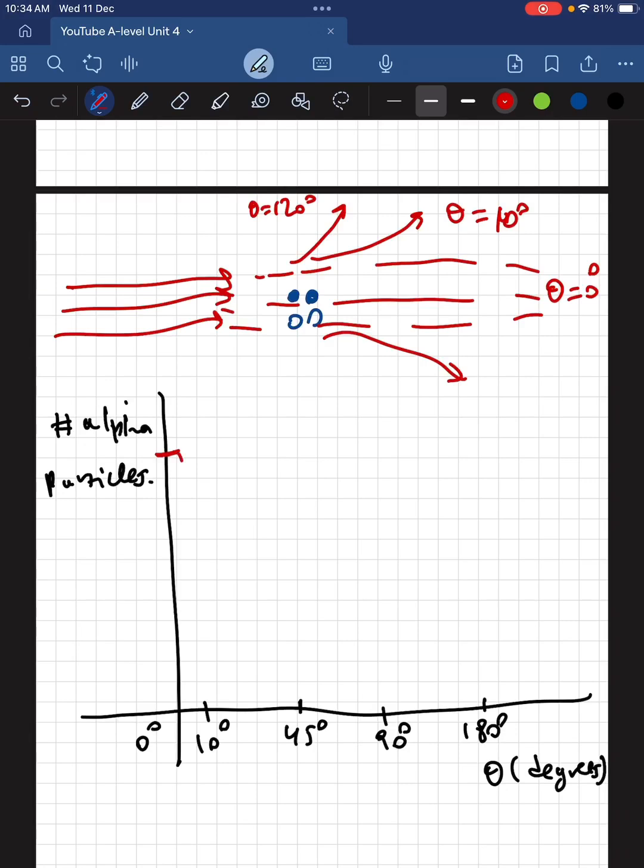Most of your alpha particles go through, then as you move to larger angles, very few particles go through. If you start with 100, almost all of them go through, and then some of them scatter by 10 degrees, very few of them scatter by 45 degrees, and by the time you come to 180 degrees, maybe one alpha particle deflects by that much, okay?